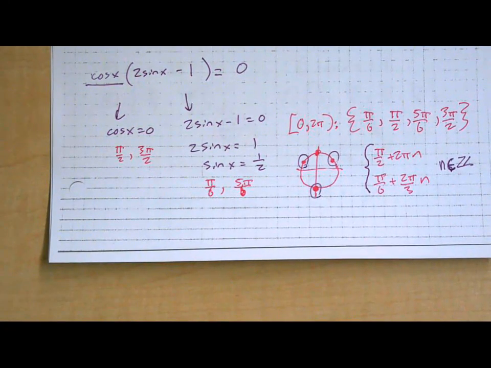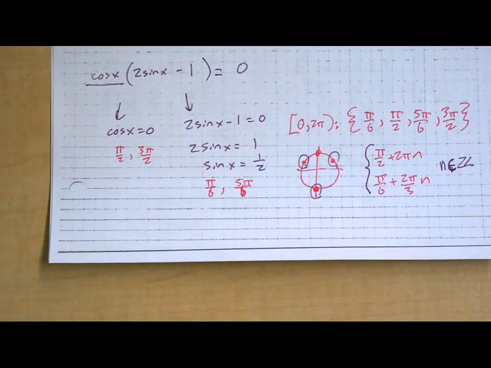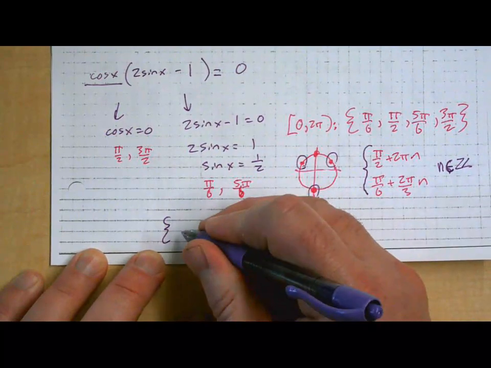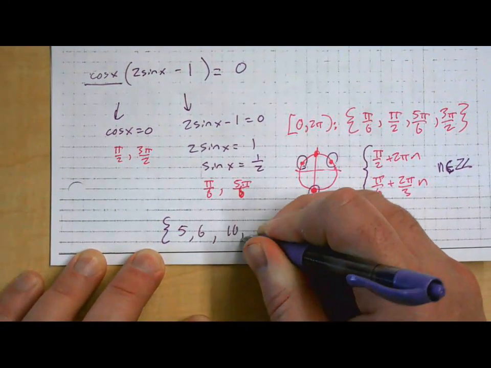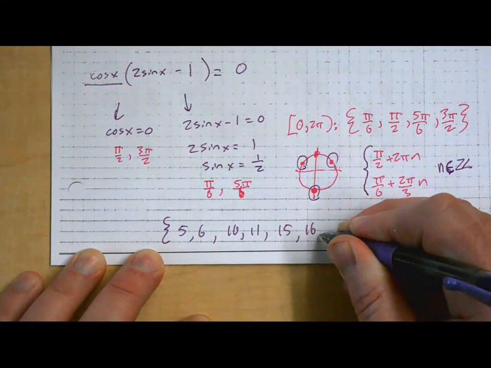But do some research. Show me that it's out there someplace. And so, like, I'm trying to think of an example. So, like, here's a set: 5, 6, 10, 11, 15, 16. Do you see my pattern?